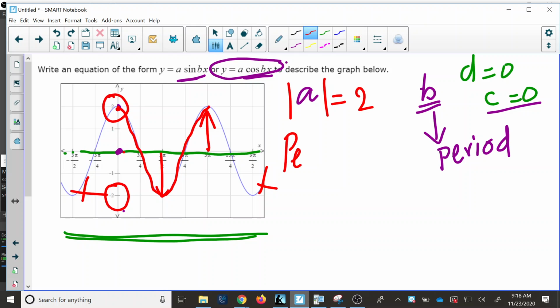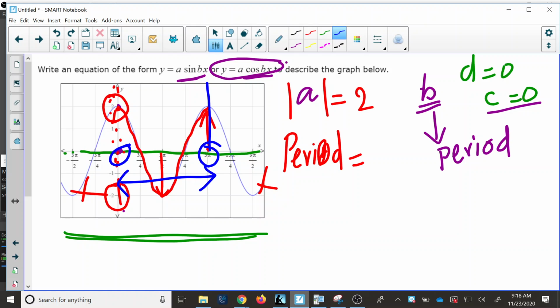The period is from the starting point to the completion of one cycle. So this distance is the period, from 0 to 3 pi. So 3 pi is the period.